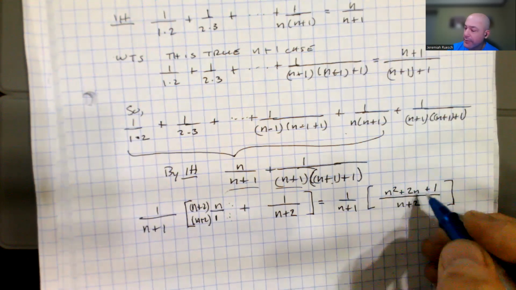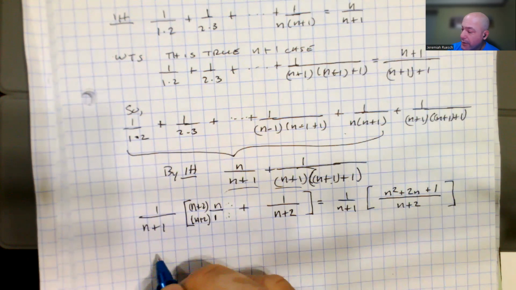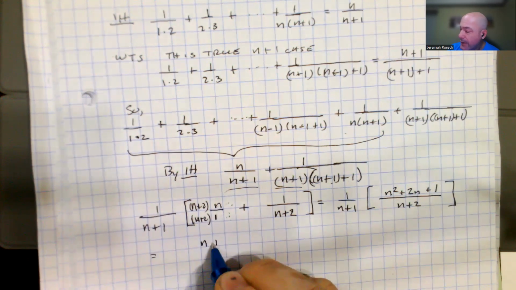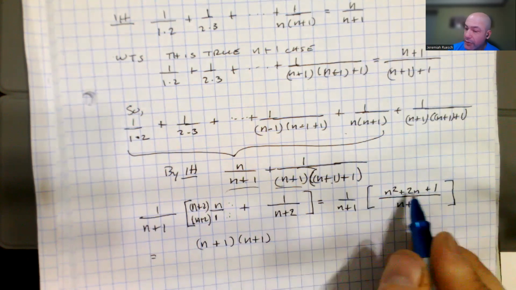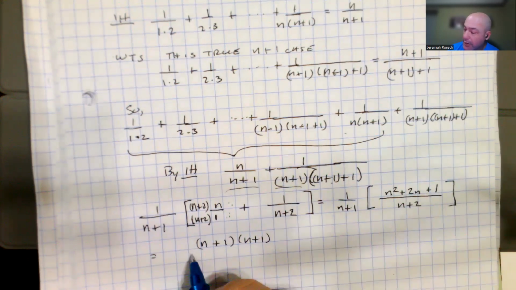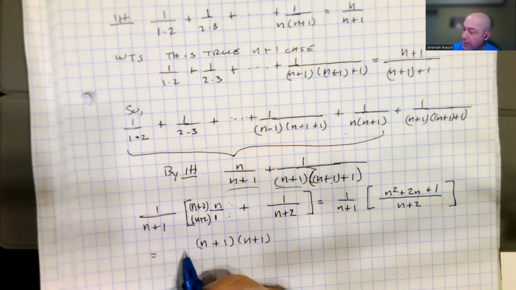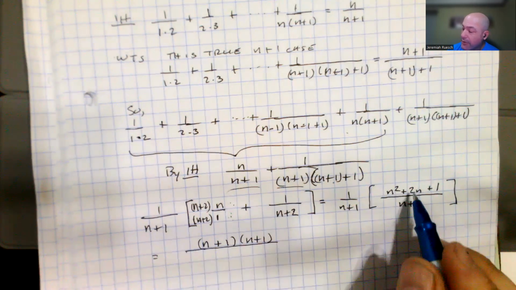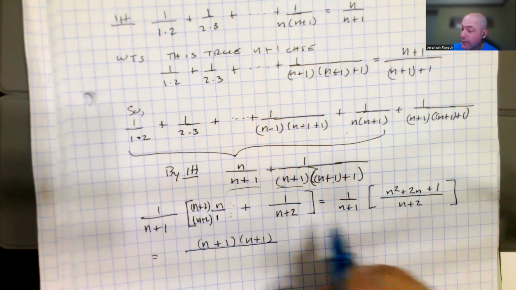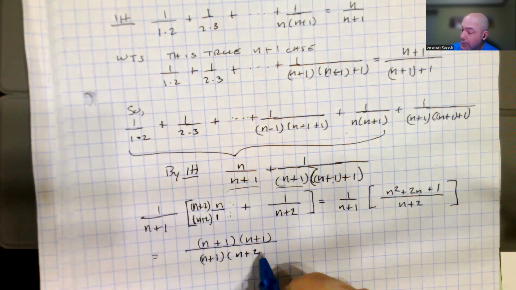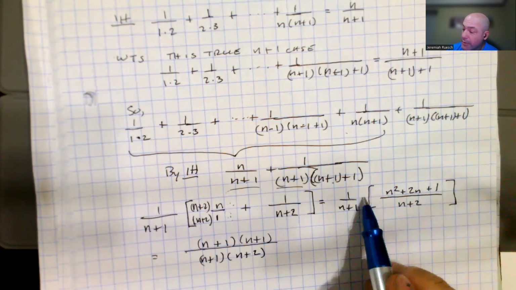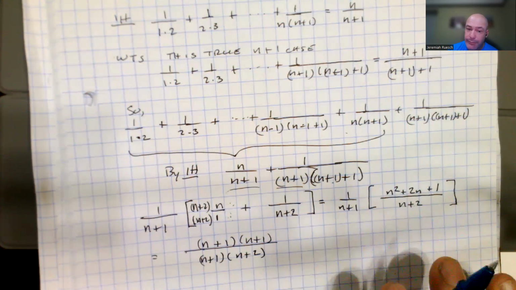This actually factors as a perfect square trinomial, so this is equal to n plus 1 times n plus 1. There are 2 n plus 1 terms here. And then I'm factoring this, I can bring this n plus 1 back inside. So I have n plus 1 times n plus 2. Just dropping the parentheses and factoring this.